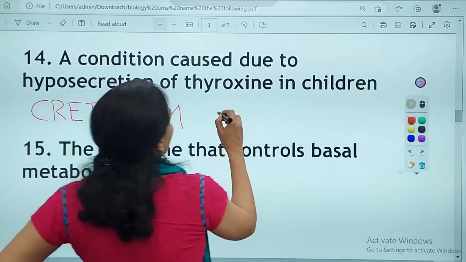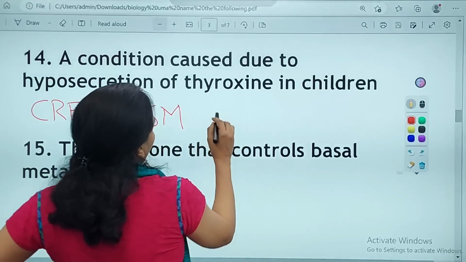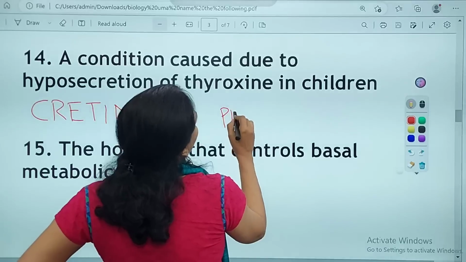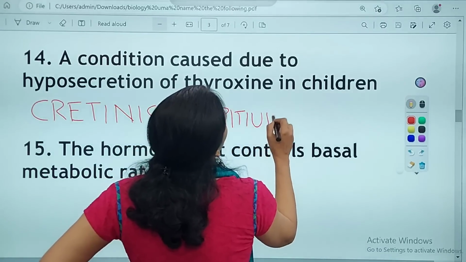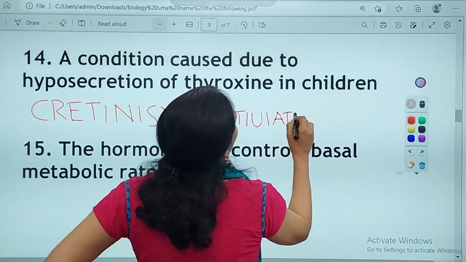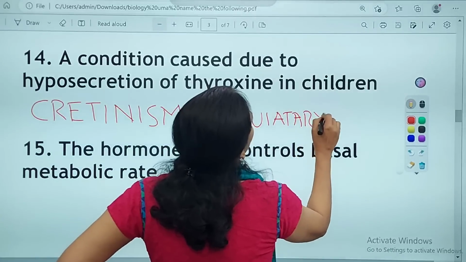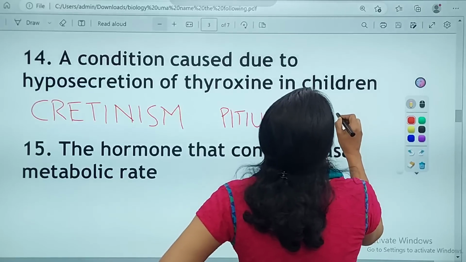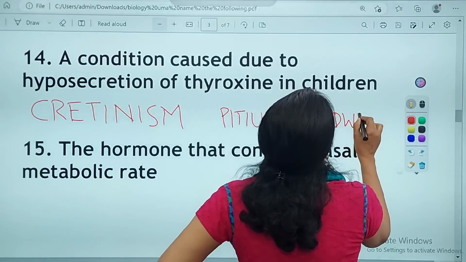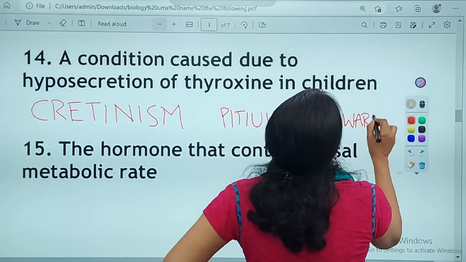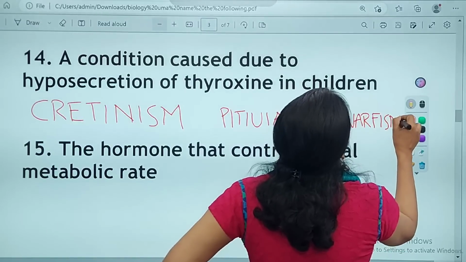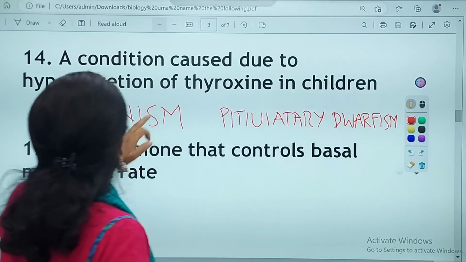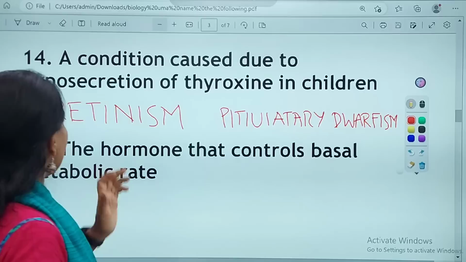And therefore, if you have multiple choice questions in which they don't put it as cretinism, but they put it as pituitary dwarfism, I think I spelled it wrong, I'm not going to correct that, pituitary dwarfism, it can be called, okay? Any stunting can be associated with this particular thyroxine being present in small numbers.